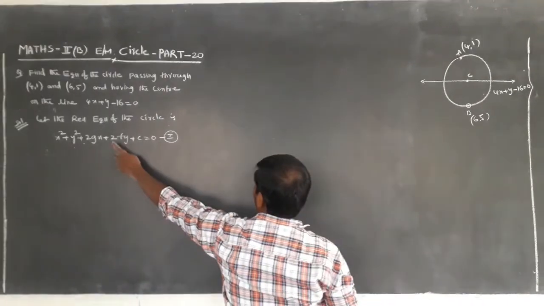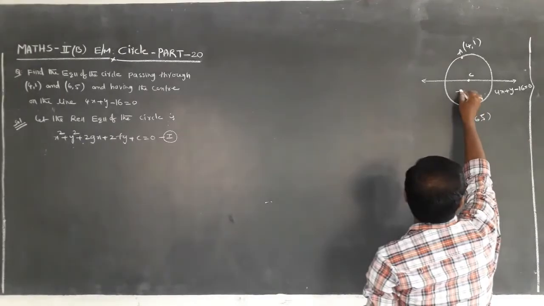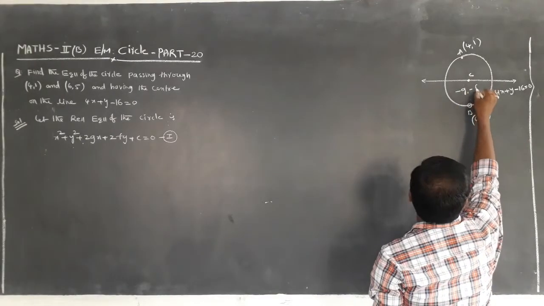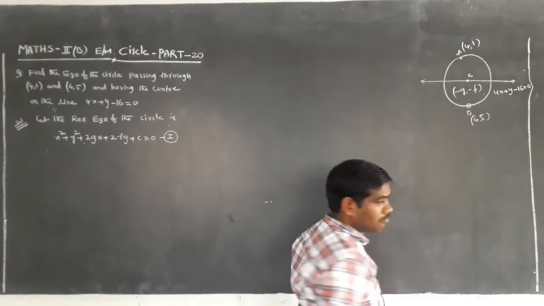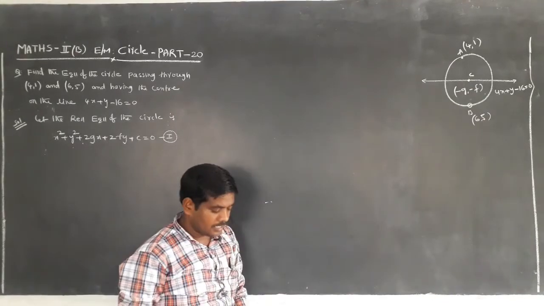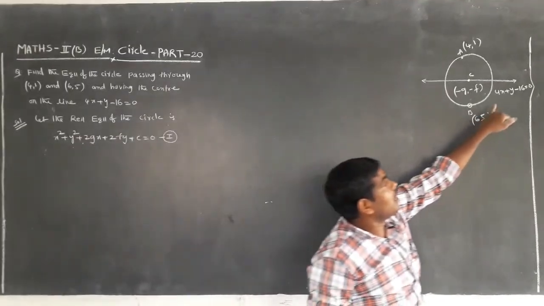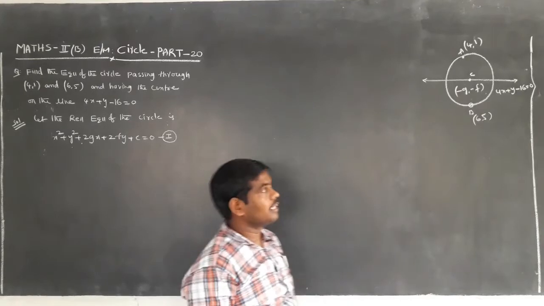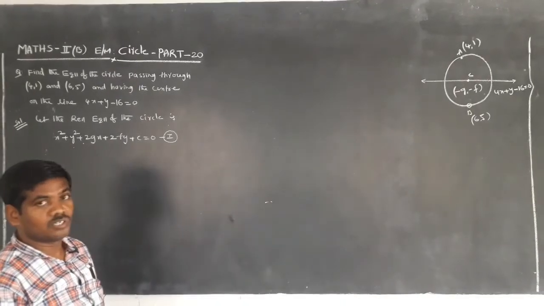The center of the circle is (-g, -f), and it lies on the line 4x plus y minus 16 is equal to 0.